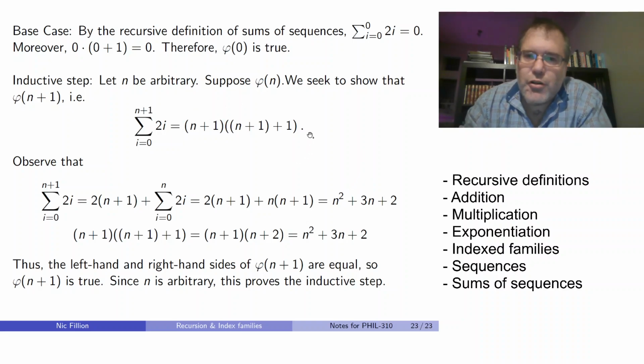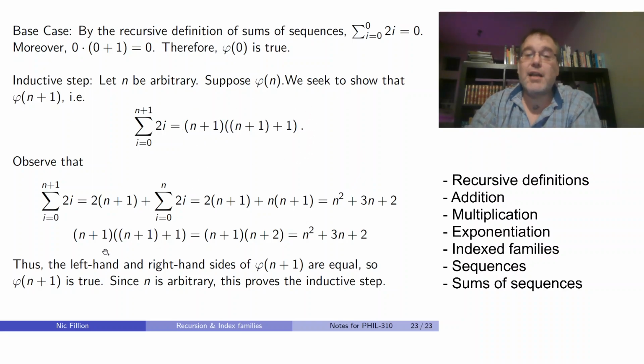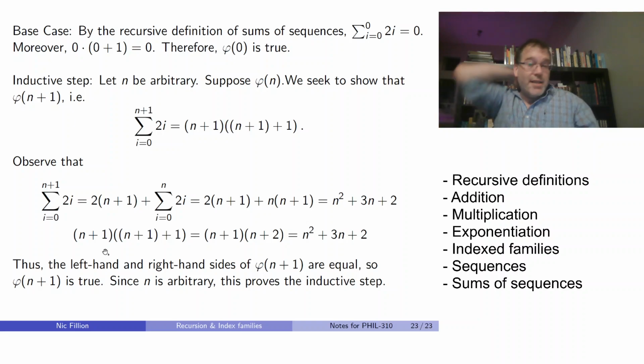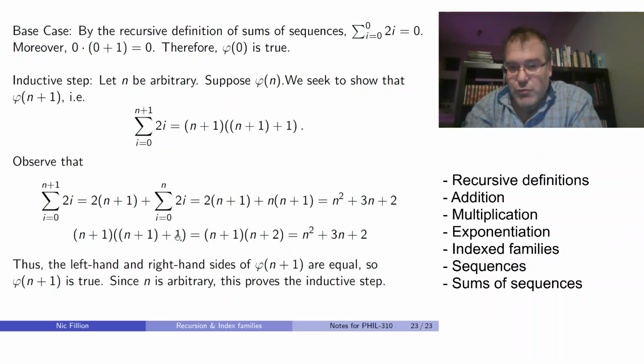Now let's work on the right-hand side. Again, it's just basic algebra based on the properties that we have proved. First, n plus 1 plus 1 is n plus 2. And then we use distributivity, and that gives us n squared plus 3n plus 2. So we simplify again, and we obtain the same result.